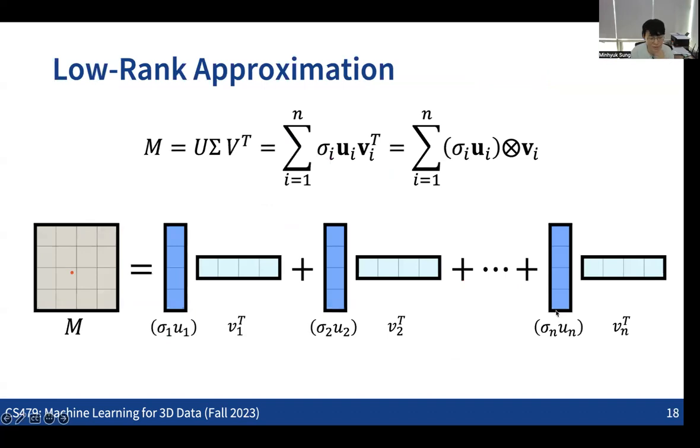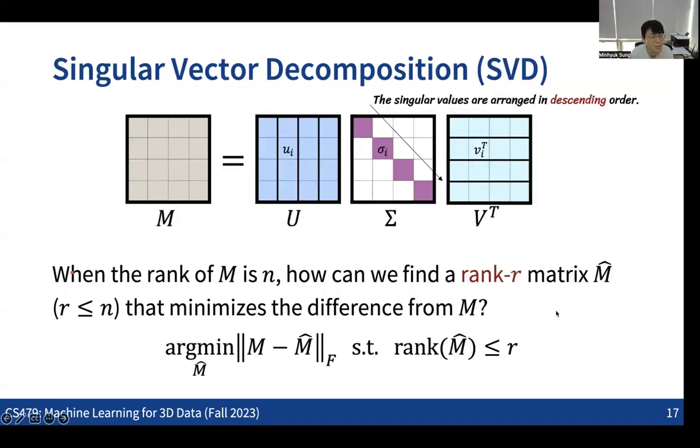So when we do SVD, we can decompose the given matrix M into three matrices: U, sigma, and V transpose. And we know that sigma is a diagonal matrix, having the singular values as each element in the diagonal.